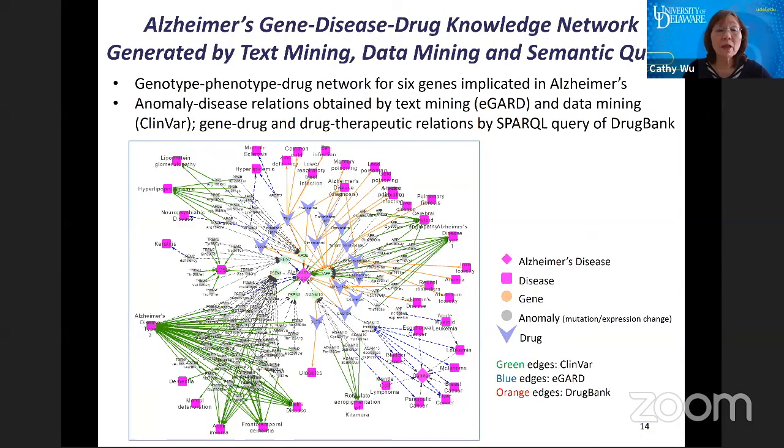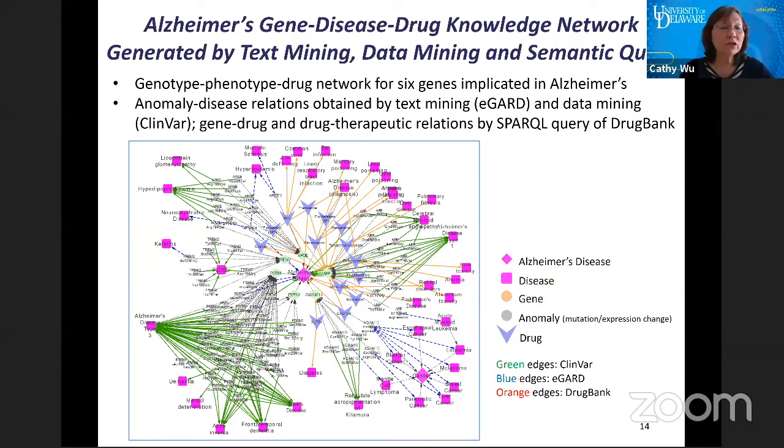So then go one step further with the RDF model. They then become the building blocks for us to generate knowledge networks. We can integrate results from text mining, from data mining, from semantic queries, to build a knowledge network. Again, this is just an illustrative example. The example here shows a genotype-phenotype-drug network for 6 genes that are implicated in Alzheimer's disease.